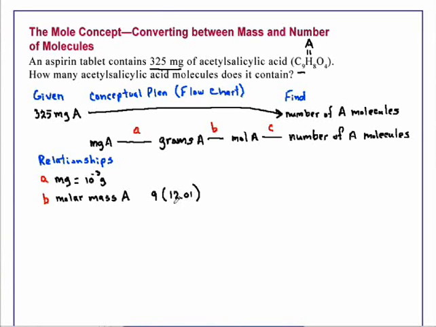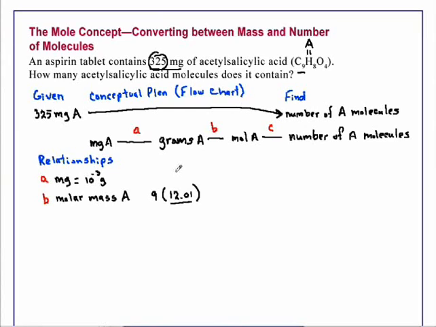Now notice, by the way, that I've chosen 4 significant figures from the periodic table. That's because my data that was given to me contains 3 significant figures. And it's good practice to take one more significant figure than the data given to you.